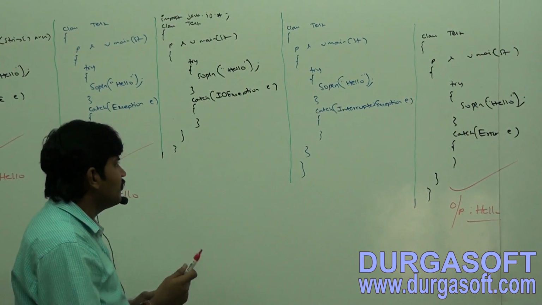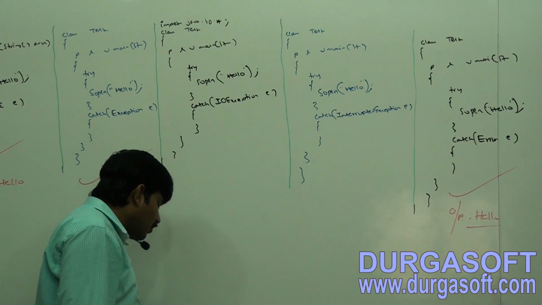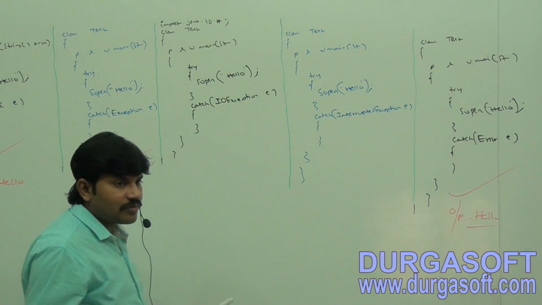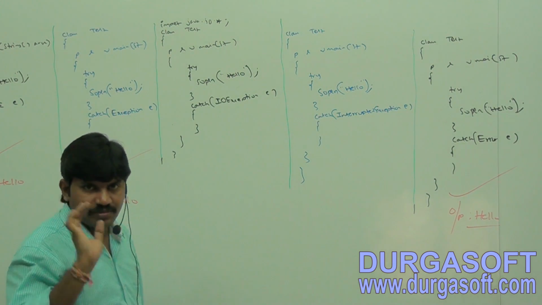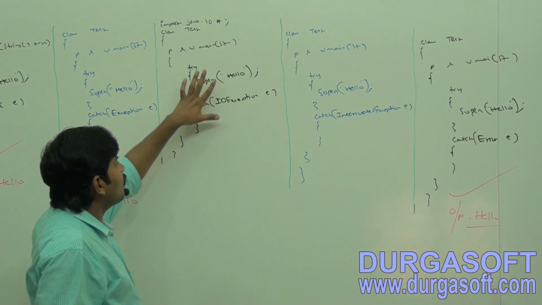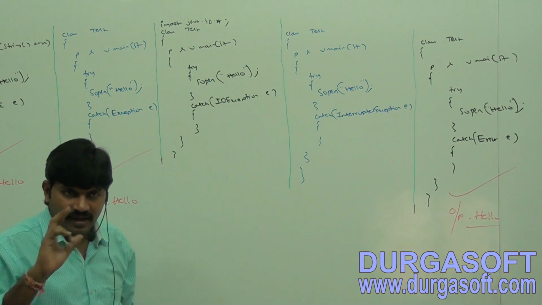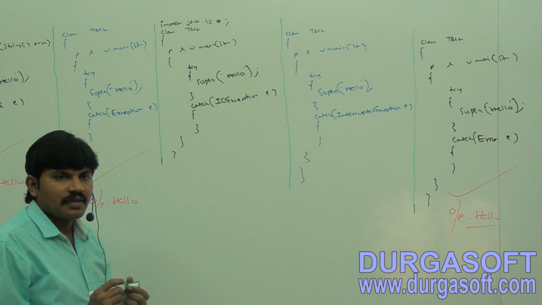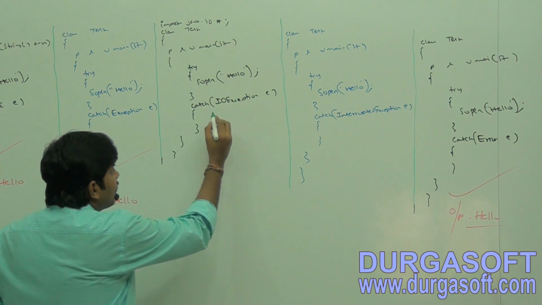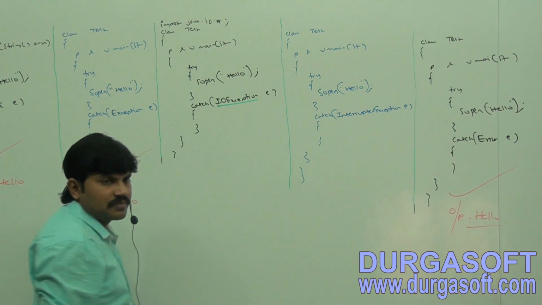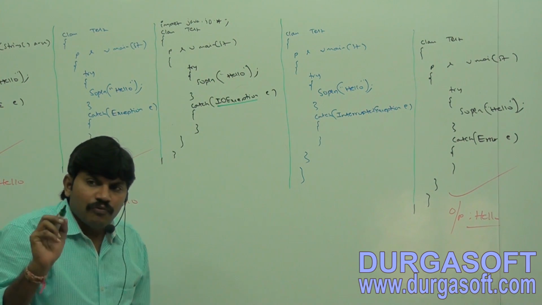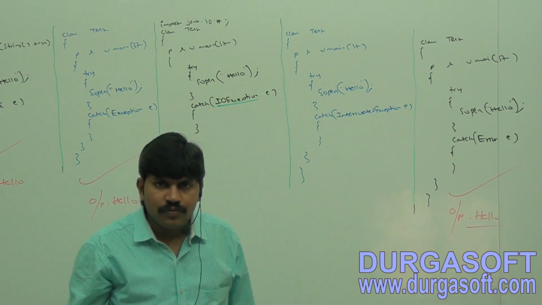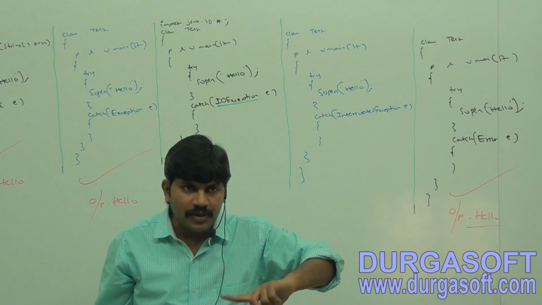Okay, what is the reason for that? Why is the code not going to compile? In the remaining cases why does it compile? Observe, in our program, within the try block, I wrote catch IOException. When will we get an IOException? If we are performing any IO operations.